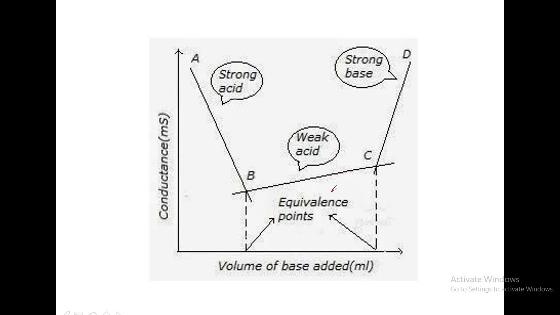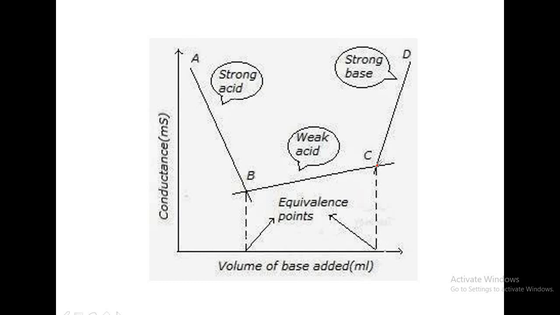Sodium acetate is a highly conducting salt, and it has high ionizing capacity, and therefore the number of ions in the solution increases and conductance slightly increases. At this point all the acetic acid is completely converted into sodium acetate.